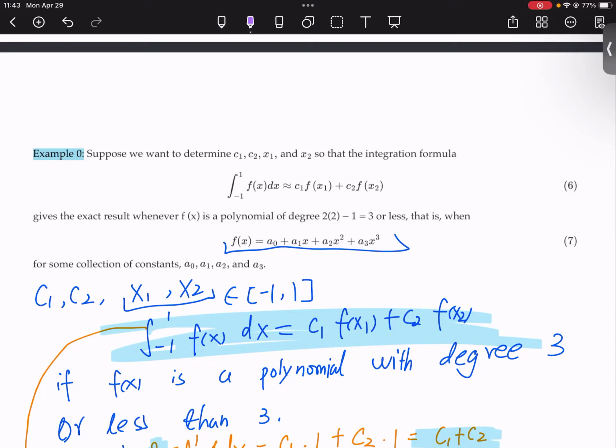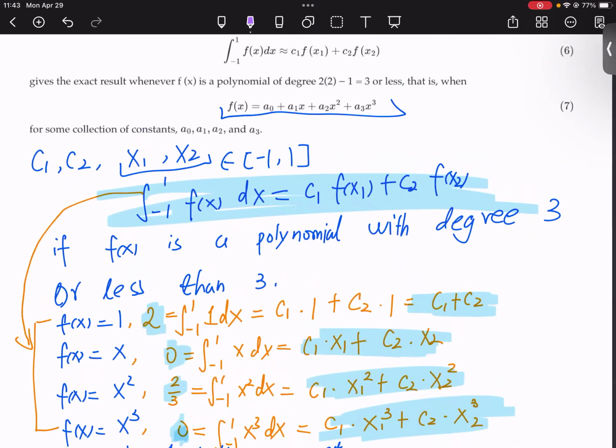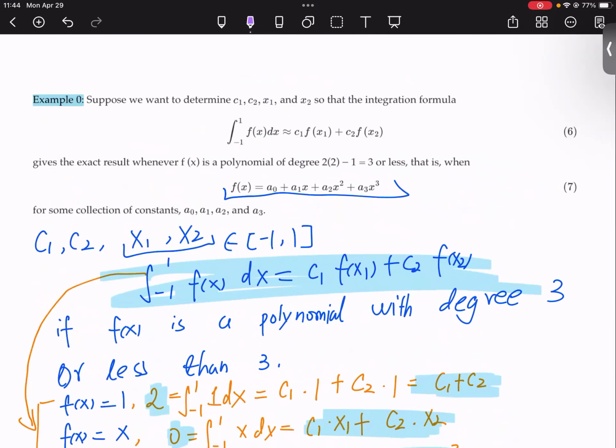This polynomial is a degree 3 polynomial, and the basis functions are just 1, x, x squared and x cubed, and we can plug them in here to get x1 and x2, and then C1 and C2. So we can determine C1, C2, x1, x2.